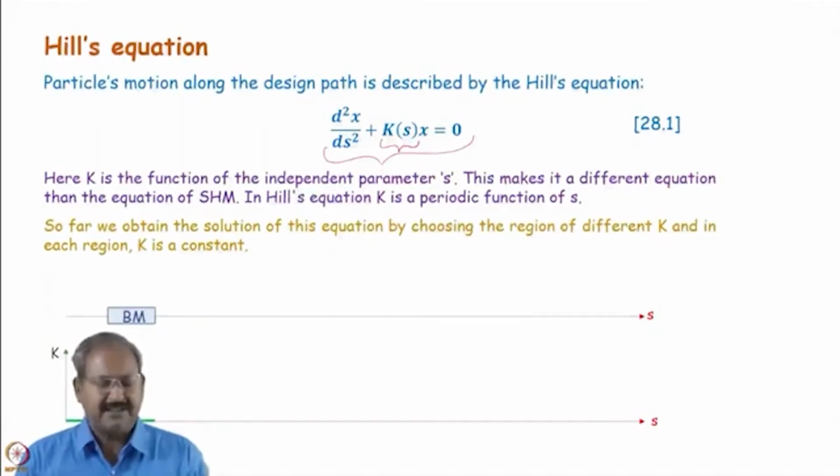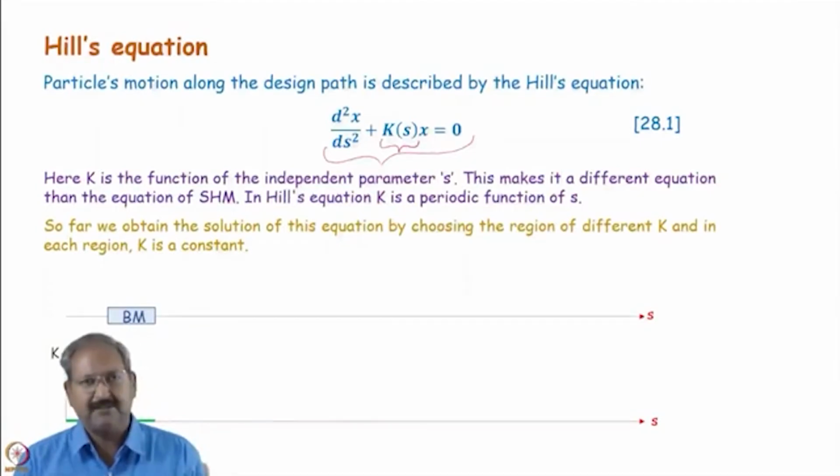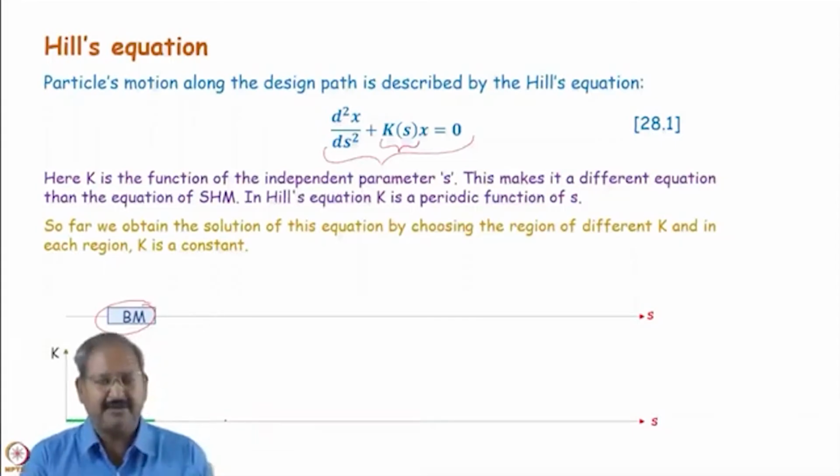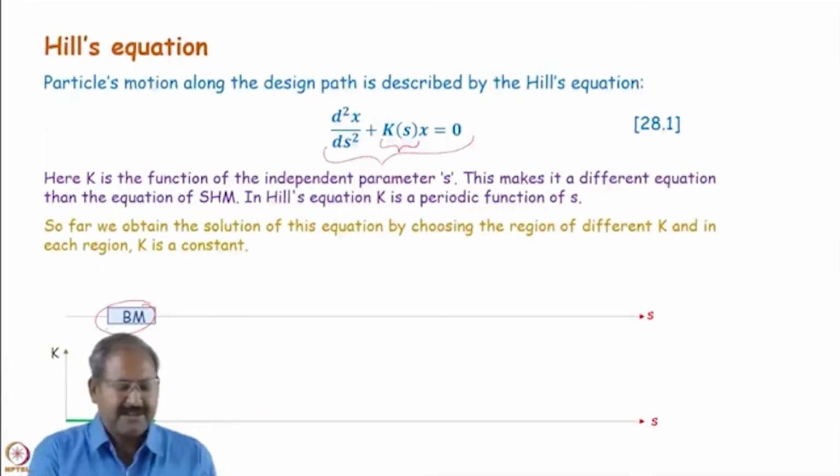Again, we can see how k varies. It is just a repetition of something we learned earlier, but repetition is sometimes better to learn effectively. So suppose this is a bending magnet, and we are plotting in the bottom graph k for this optics. In a certain dipole magnet, k may be 0.